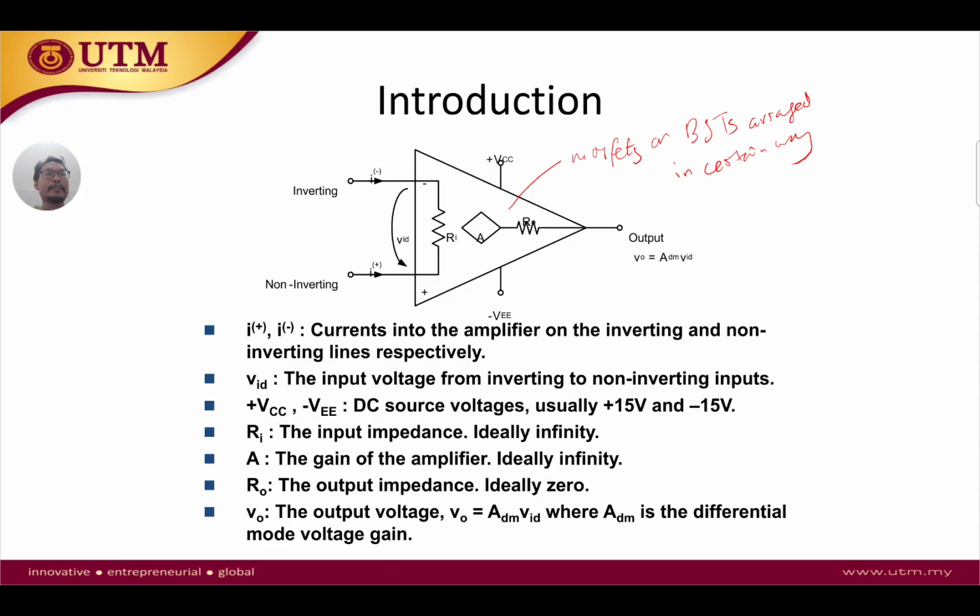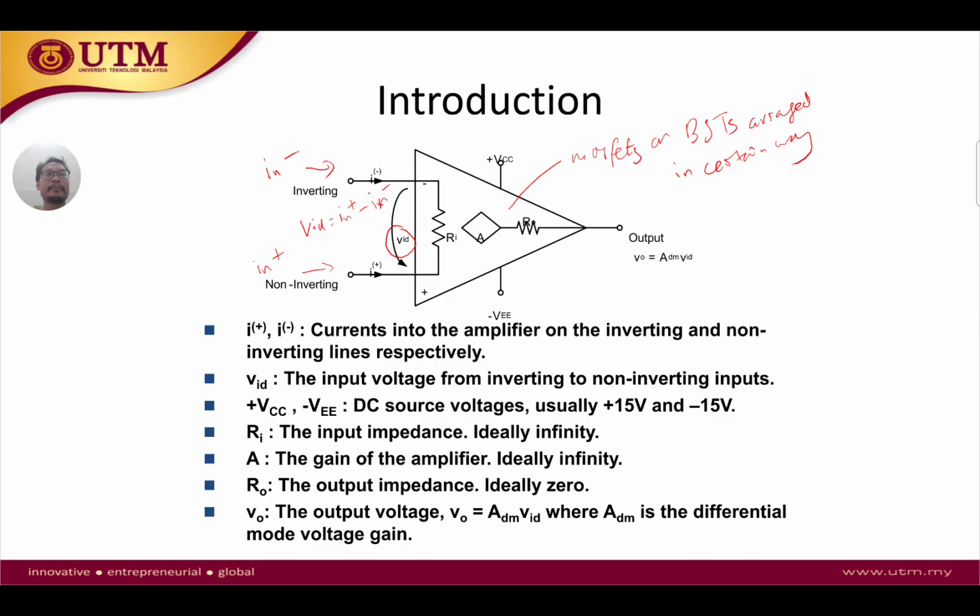And some of the characteristics include the currents into the op-amp on the inverting and non-inverting lines. So we have the currents on the inputs here, in minus and in plus, the inverting and non-inverting inputs. We have VID, which is the difference, so here you can say that VID is in plus minus in minus.